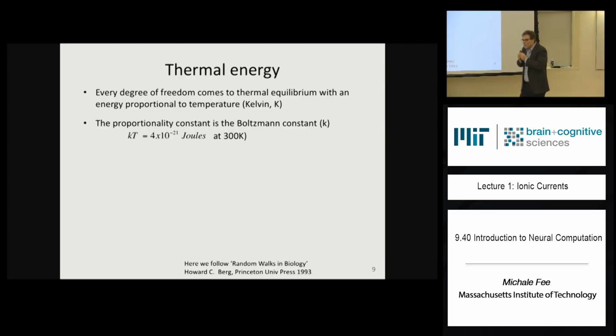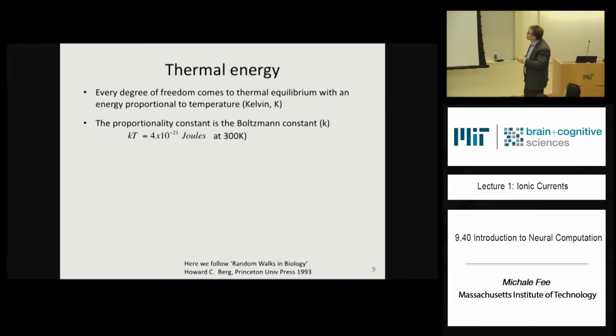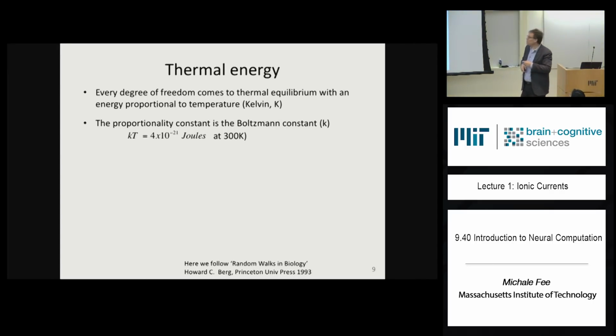In other words, if a particle is moving in this direction, in equilibrium, it will have a kinetic energy in that direction that is proportional to the temperature. And that temperature is in units of Kelvin relative to absolute zero.